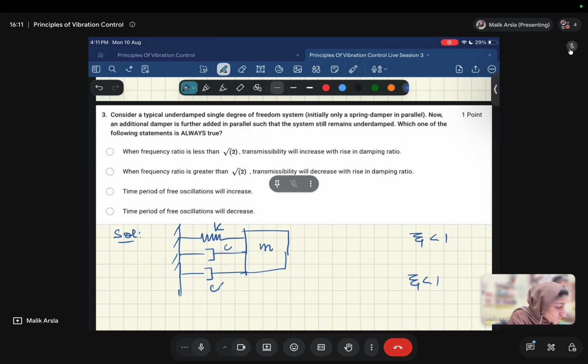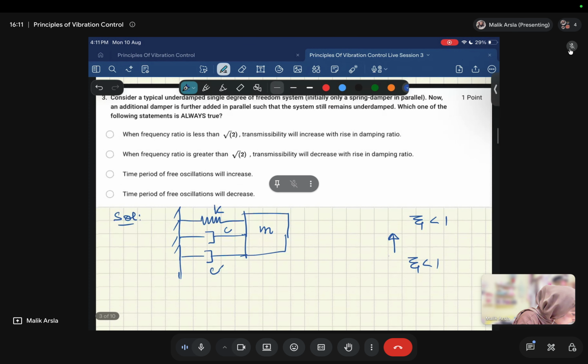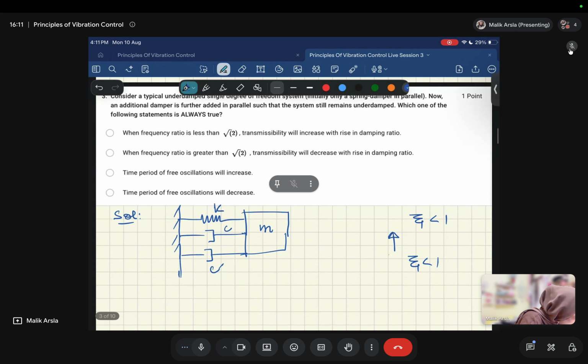Okay, so now adding a damper basically is like increasing the damping ratio. But we are not increasing it that much. We are increasing it such that the damping ratio is still less than 1 only. Now which one of the following statements is always true?